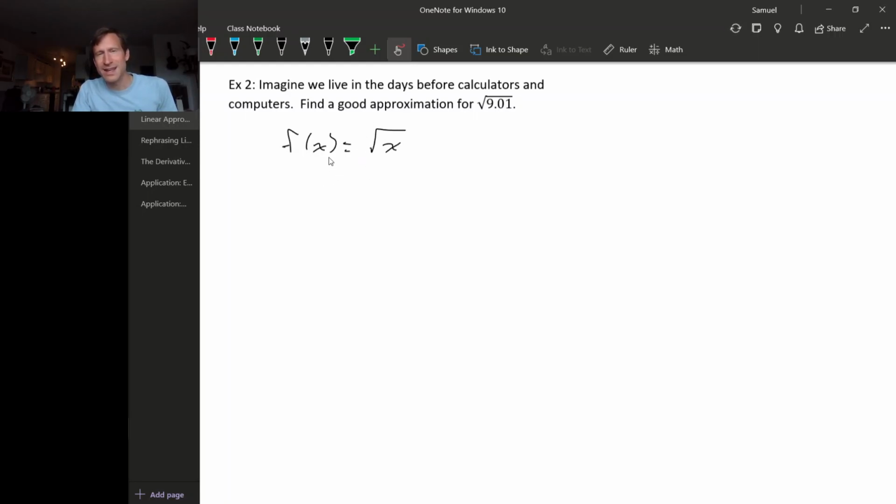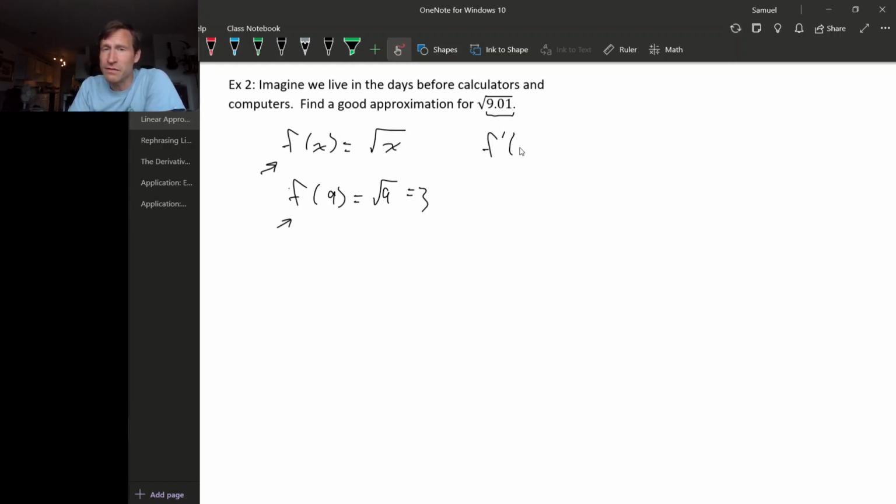Before calculators and computers, this function was hard to evaluate for a lot of inputs. But there are some inputs where the square root function is easy to evaluate. For example, f of 9, that's the square root of 9, that's 3. So there's an input very close to 9.01 where we know the value of the function exactly.